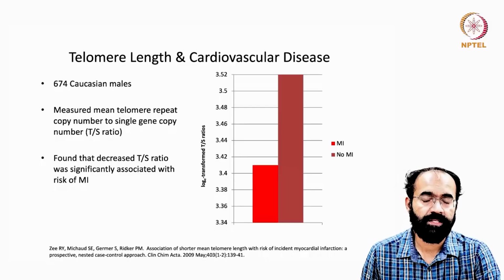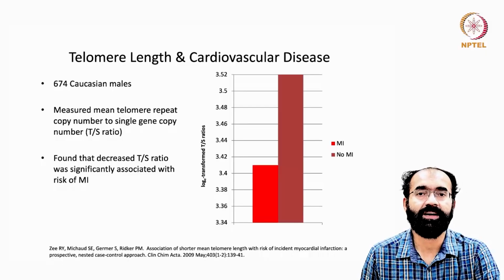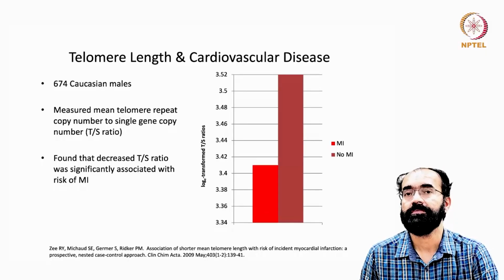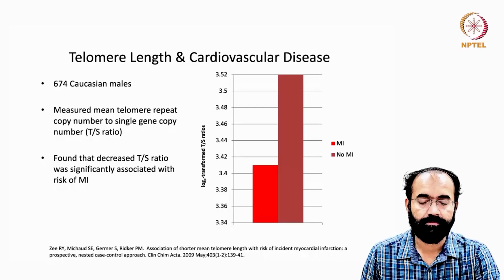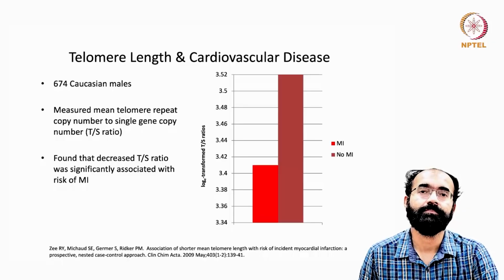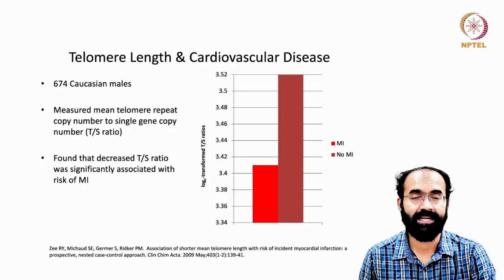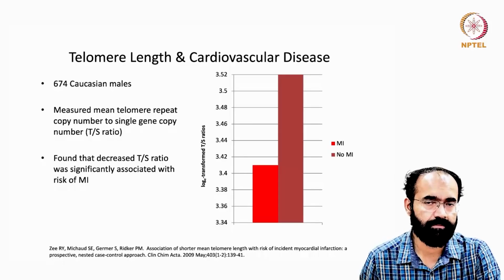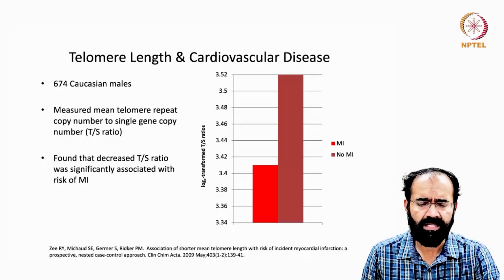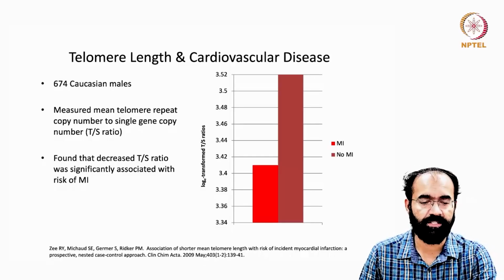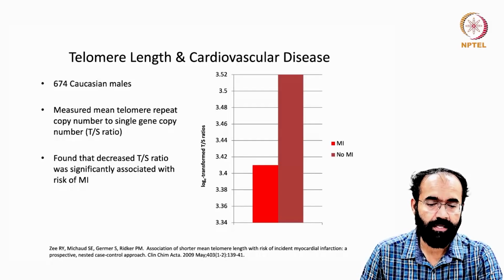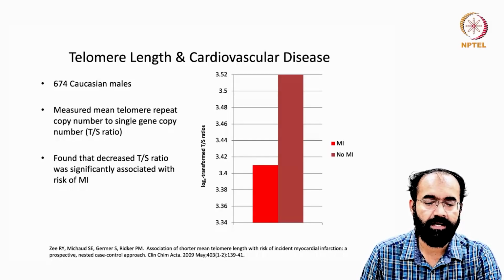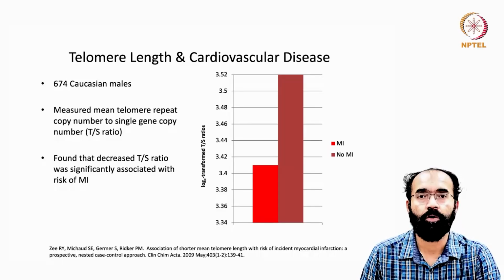So if 12,000 is there, you have around 2,000 copies of telomere. So total number of telomere repeats divided by the number of genes in that genome, this is basically what you are referring to as a TS ratio. So mean telomere repeat copy number to a single gene copy number.